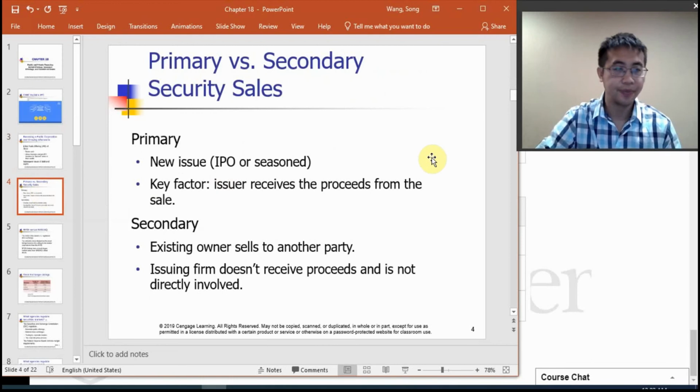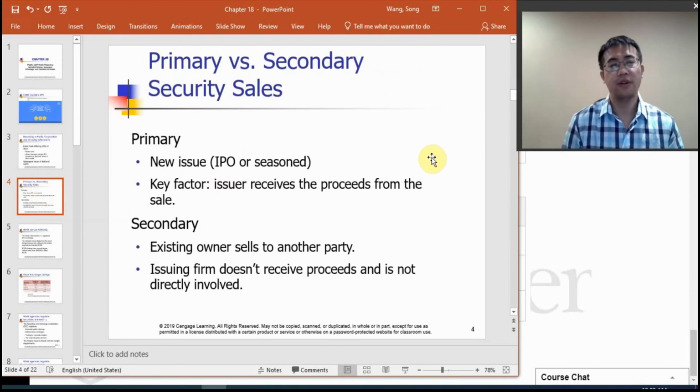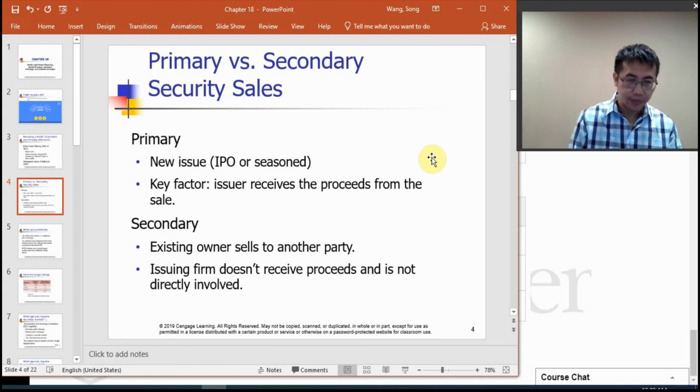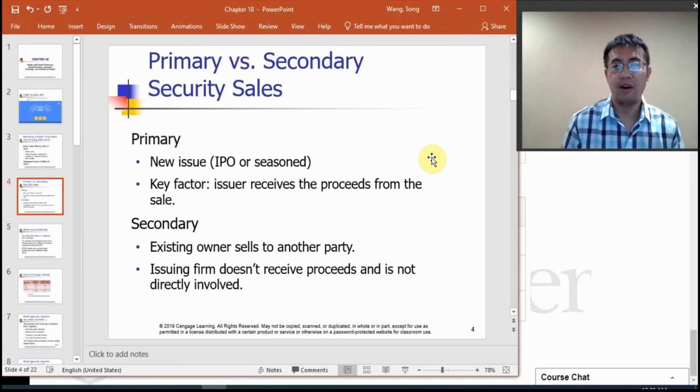operating regularly. So the security market could be divided into the primary market and the secondary market. We are talking about the equity security market, so essentially that's about stocks. The primary market involves the issuer, which is the company, and a few buyers.